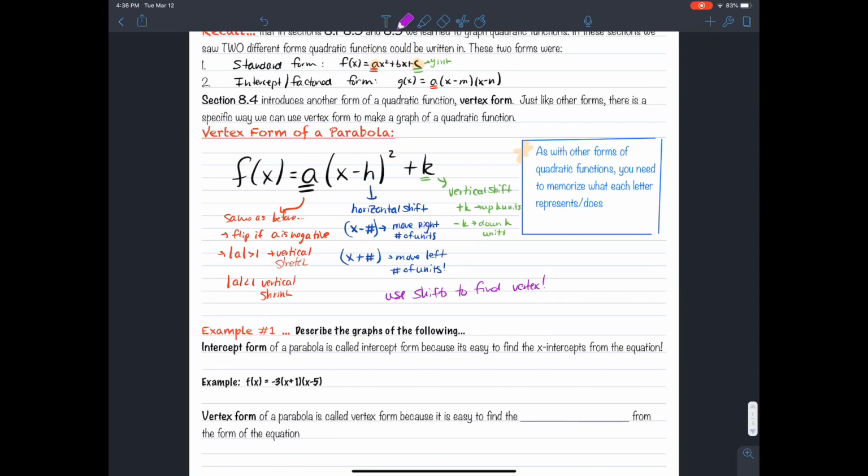In other words, in vertex form, the vertex is at the point h, comma k. Now with that, it must be written in that form, x minus h squared plus k. If it's not a minus, it doesn't work that way, but we'll see with the specific examples that when I move left or right, we're just moving the vertex.